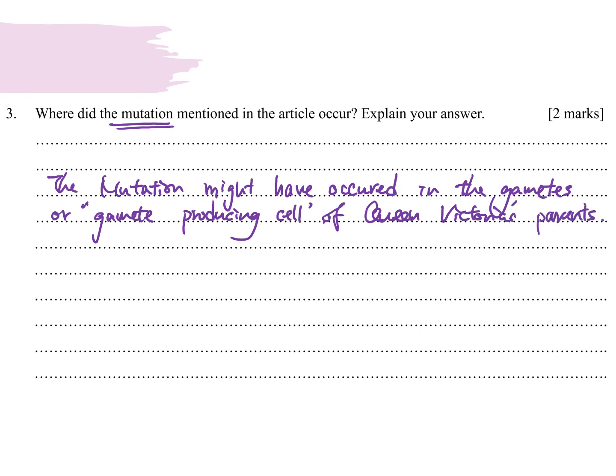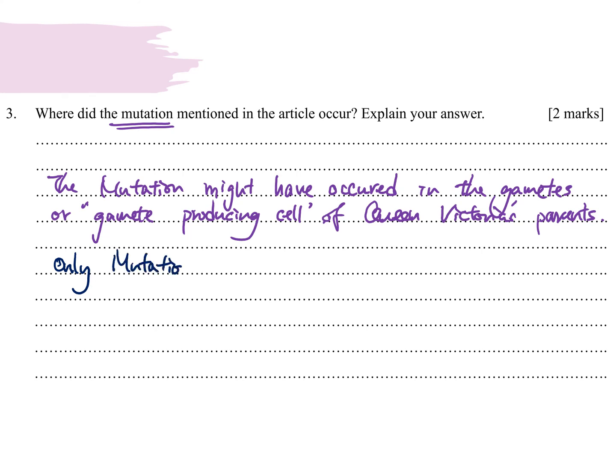It is the parents of Victoria who have the mutation, and only the mutation from the gametes and gamete producing cells can travel and pass from the parents to the next generation, therefore to Queen Victoria.